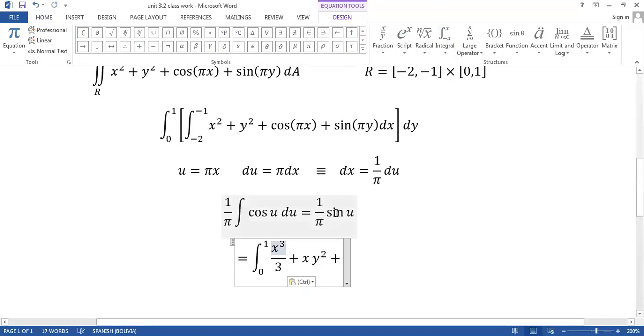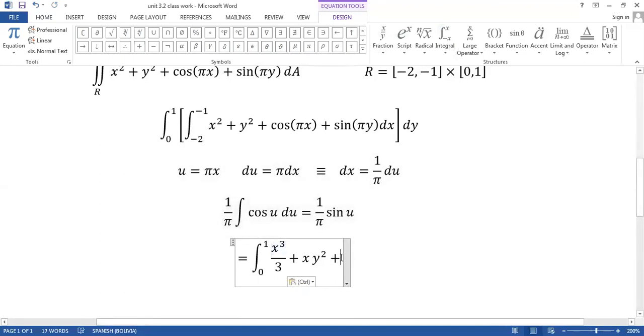Where was I? The integral of sine, the derivative of sine is cosine. The derivative of cosine is negative sine. So the integral of cosine is just sine u. So that is what the integral is.